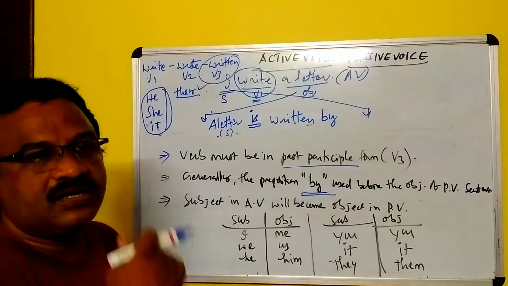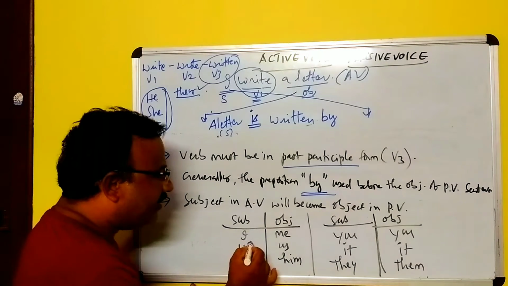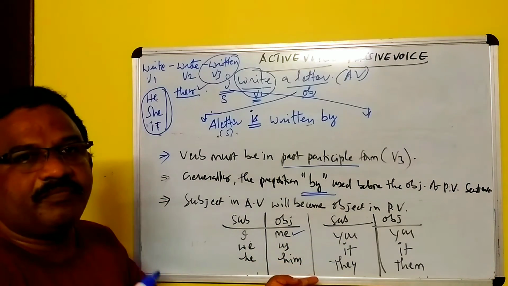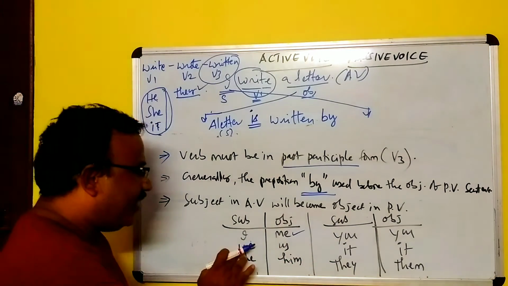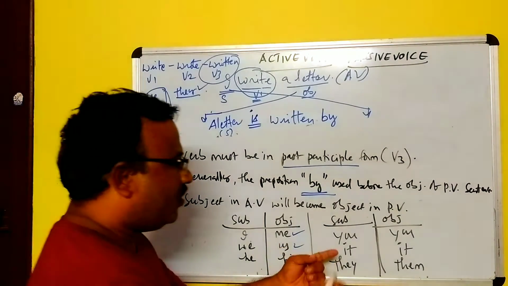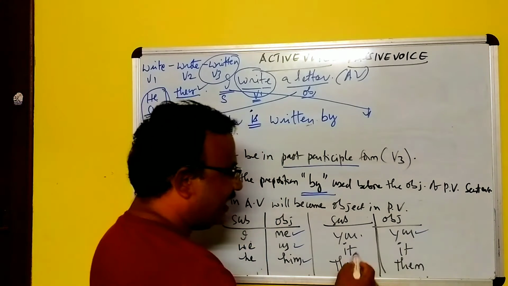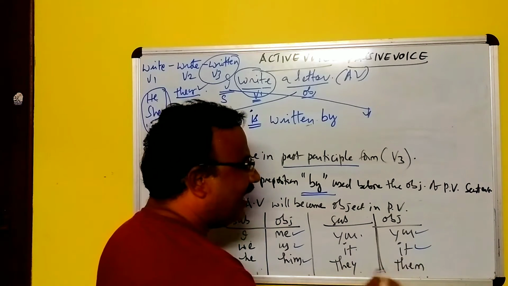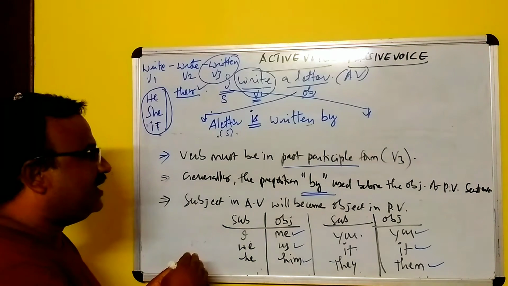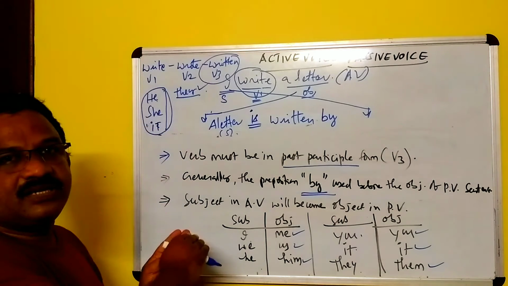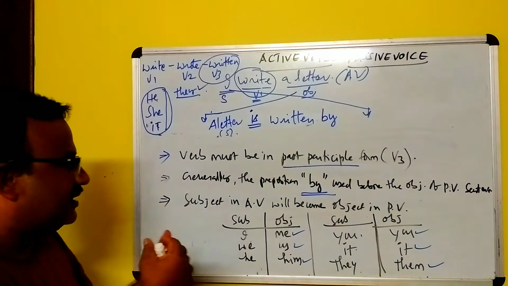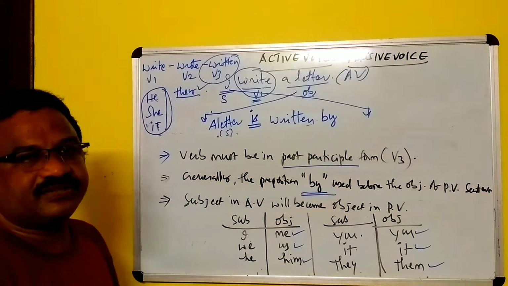Here, I becomes me. We, us. He, him. You, you. It, it. They, them. That form is changed.